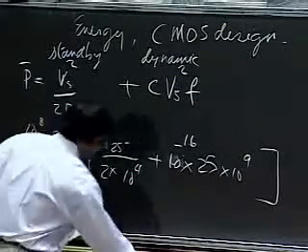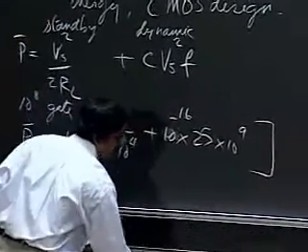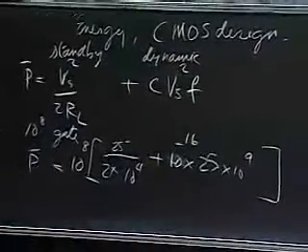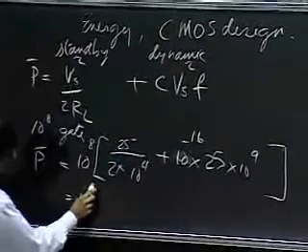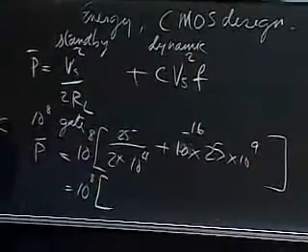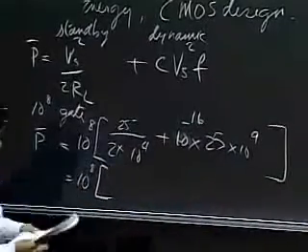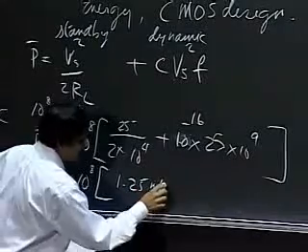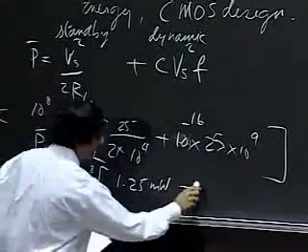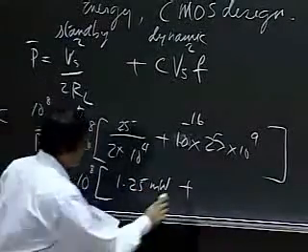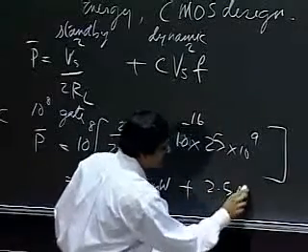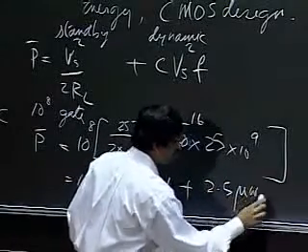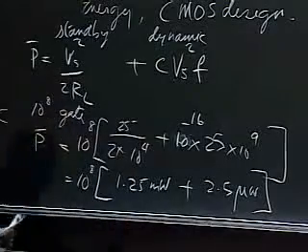If you crunch through the numbers here, you end up with something that looks like this. 10 to the 8 times this guy here. This is 1.25 milliwatts. Plus, this guy ends up being 2.5 microwatts.